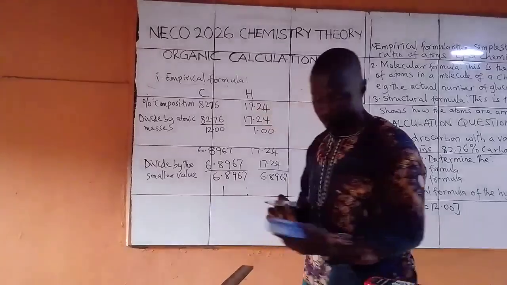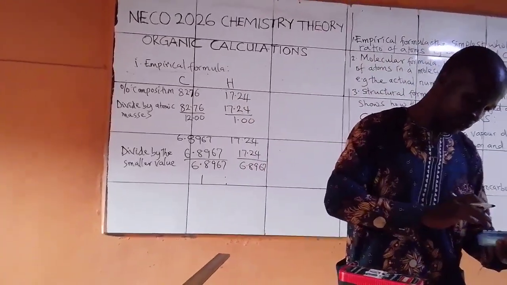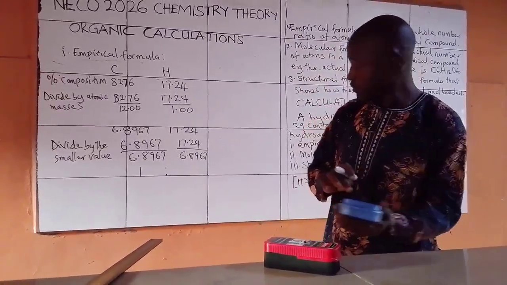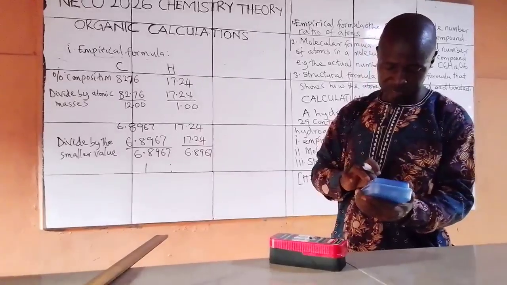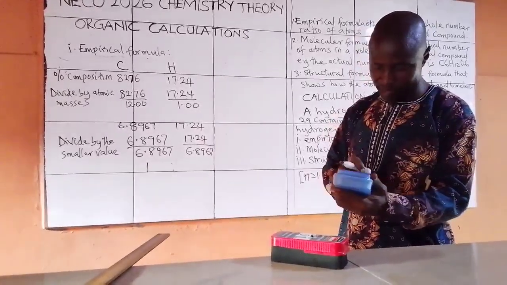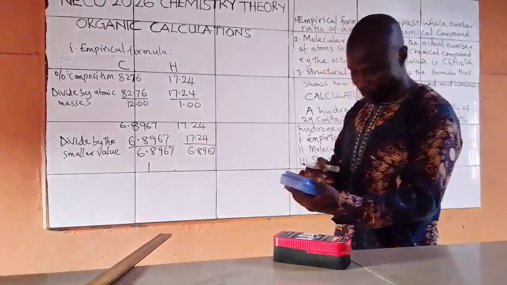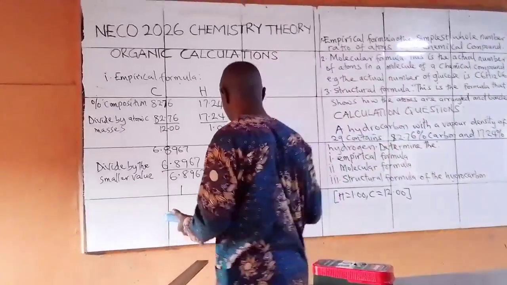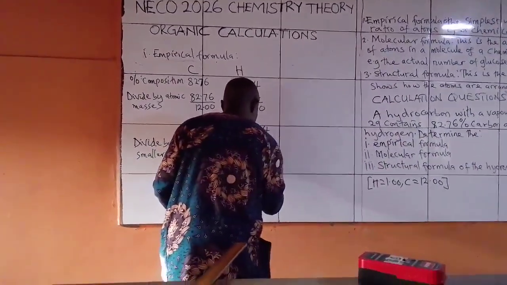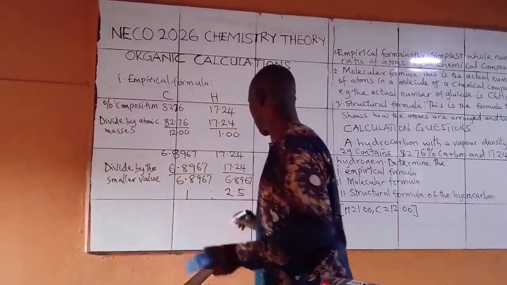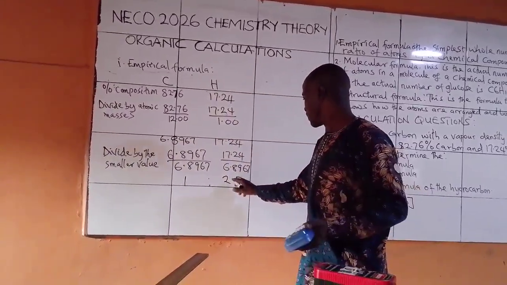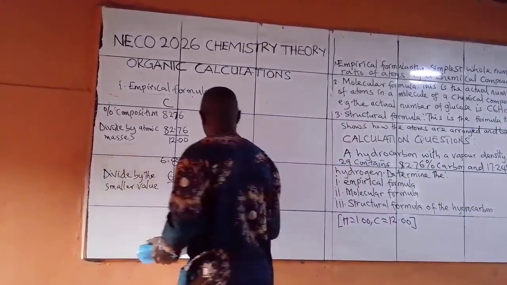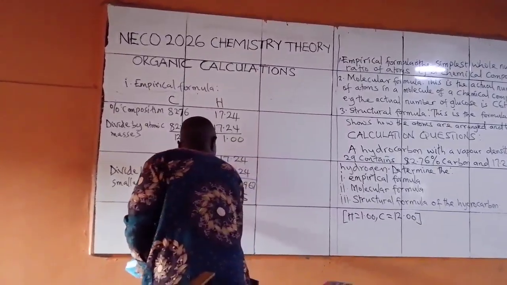Then dividing 17.24 by 6.8967, we now have 2.5. Because this is in decimal places, we take it to whole number.